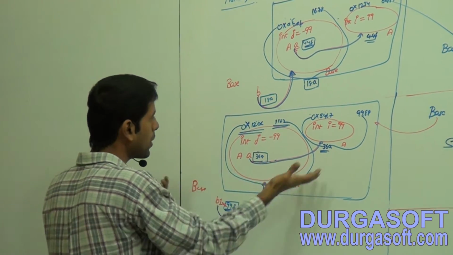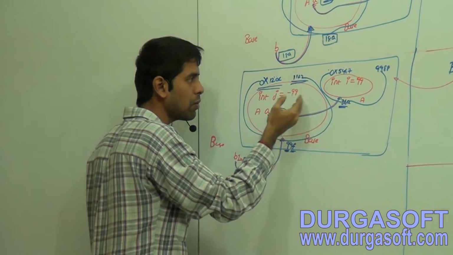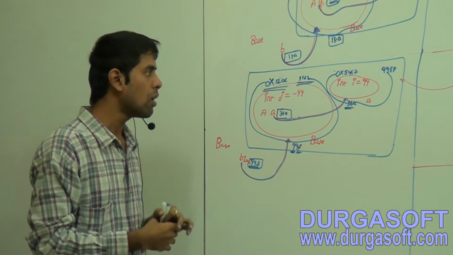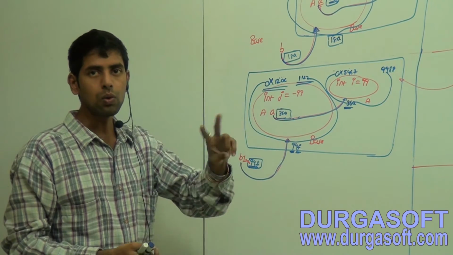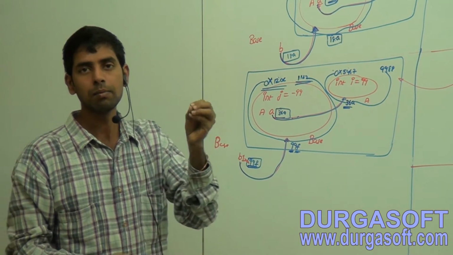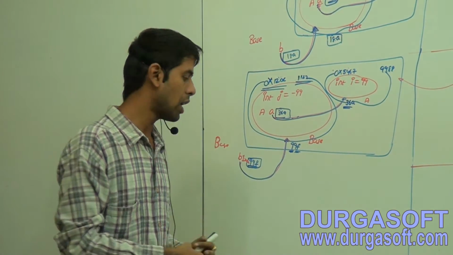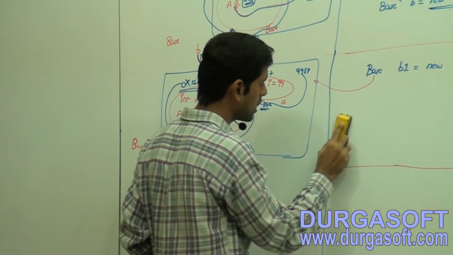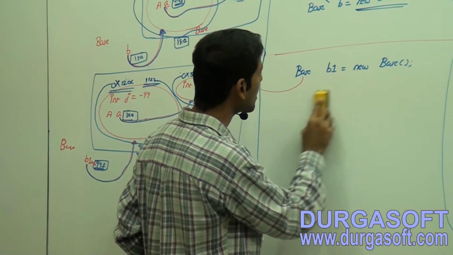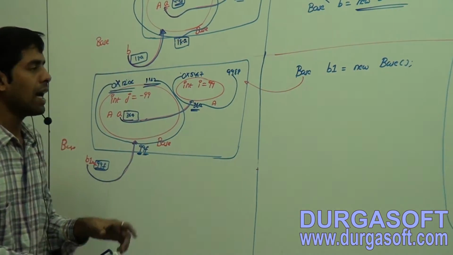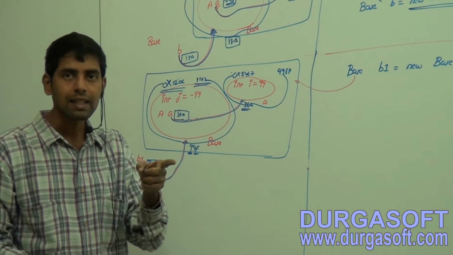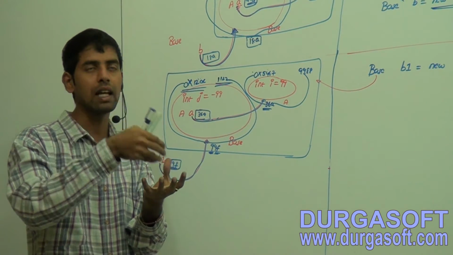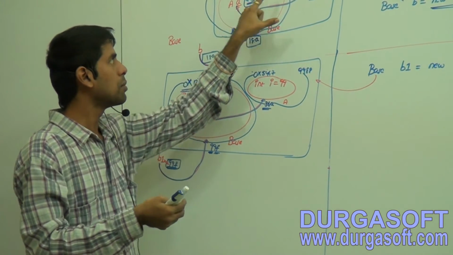Even a user defined object internally contains what? Primitive variables only. So how to compare two user defined objects? The simple thing is to access the object's primitive variables.